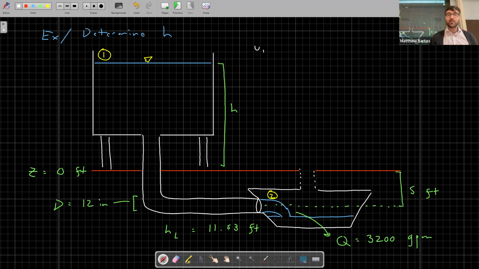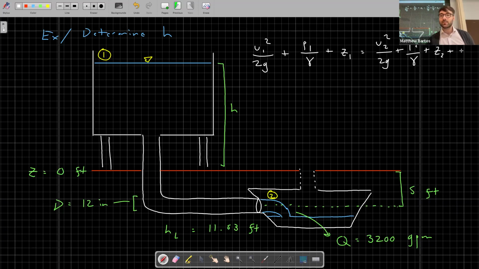We'll end up with U1 squared over 2g plus P1 over gamma plus Z1 is equal to U2 squared over 2g plus P2 over gamma plus Z2 plus the head loss.